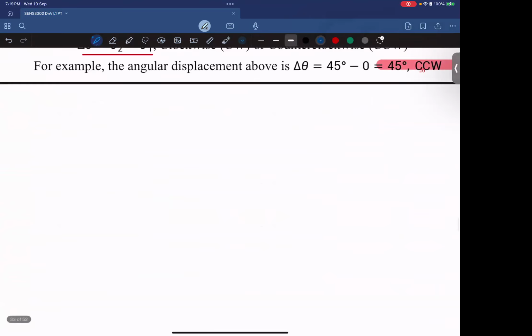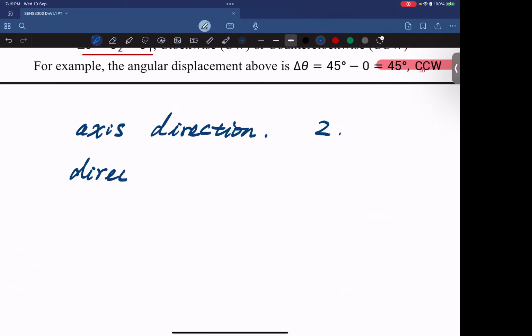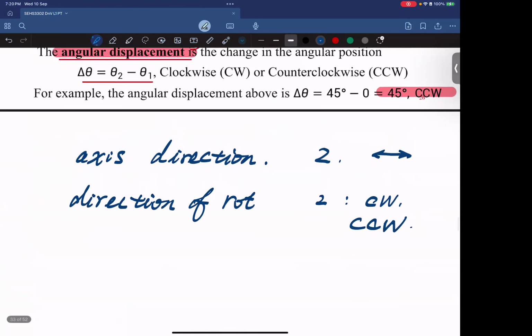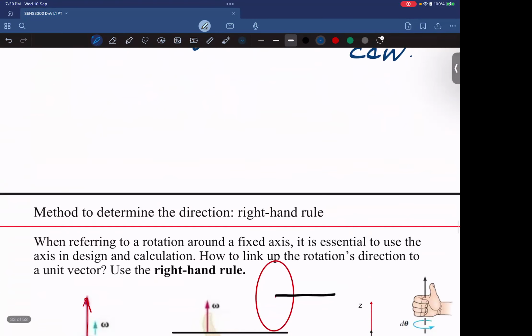So for the axis direction, we got two. And for the direction of rotation, we also got two: clockwise and counterclockwise. So for the axis direction, we got two, to point to the wheel or point out of the wheel.